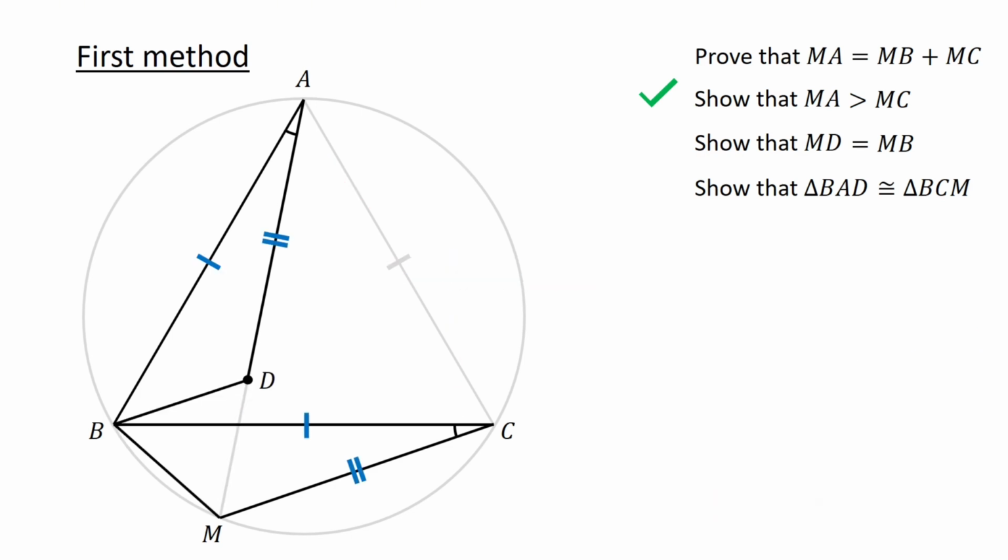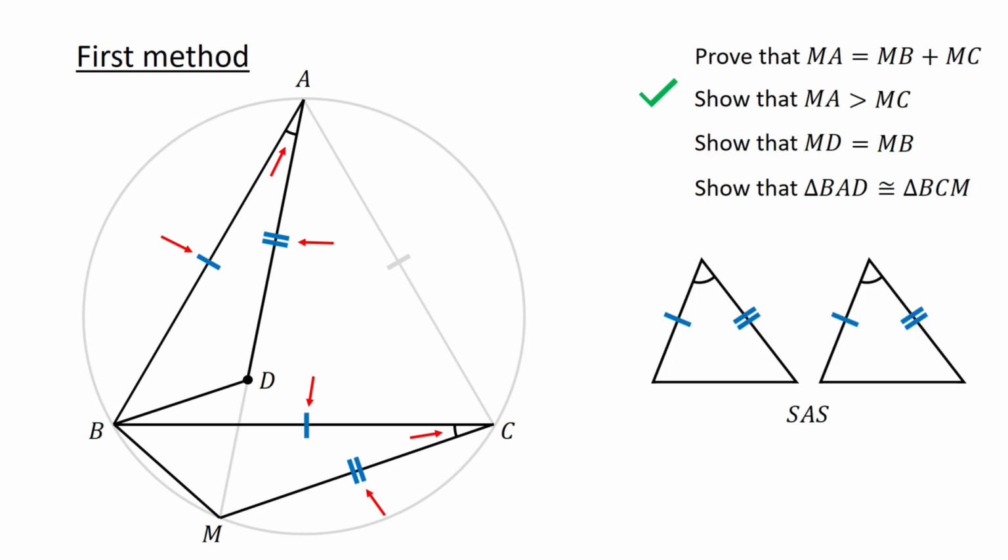Let's now turn to triangles BAD and BCM. Since the two sides BA, AD, and included angle of triangle BAD are equal to the two sides BC, CM, and included angle of triangle BCM, therefore, by the side angle side or SAS congruence test, the two triangles are congruent.